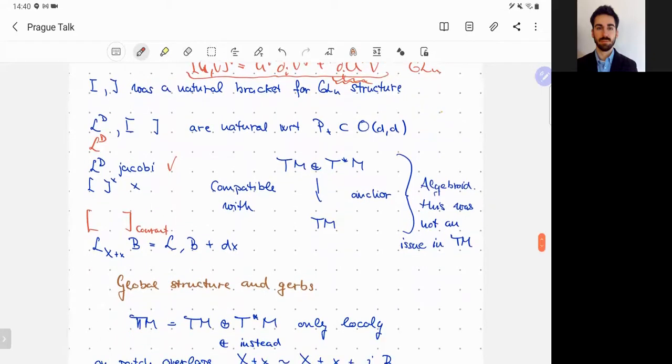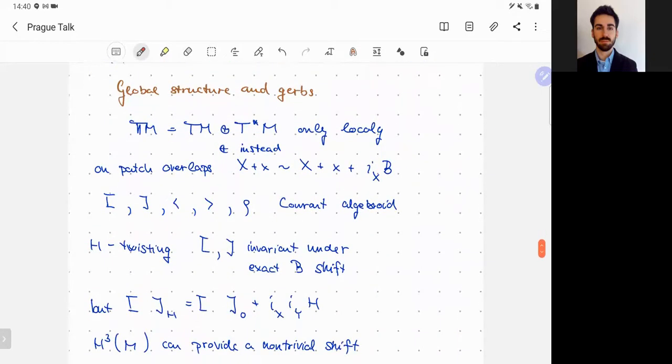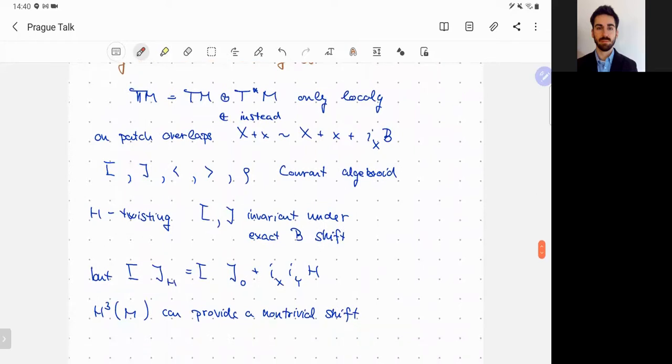Right. A little warning here is that even though it's usually written TM plus T star M for the generalized tangent bundle, it's not really that. It's that only locally, meaning only over a neighborhood U it's TM plus T star M. But between different neighborhoods, you wouldn't just be identifying vectors with vectors and forms with forms.